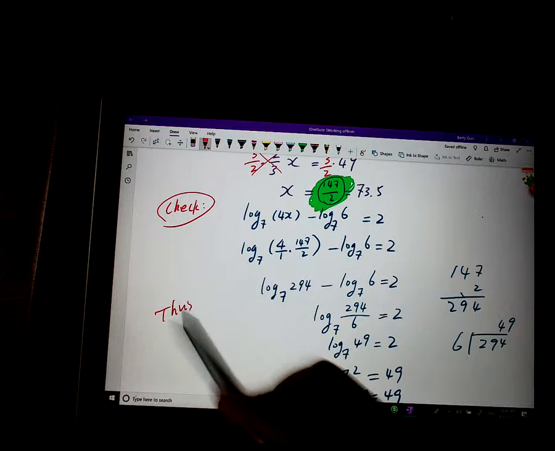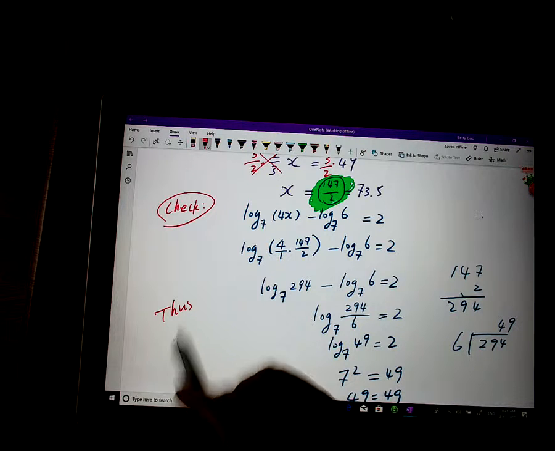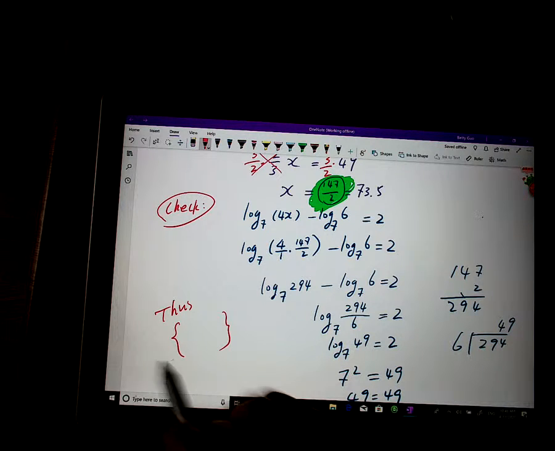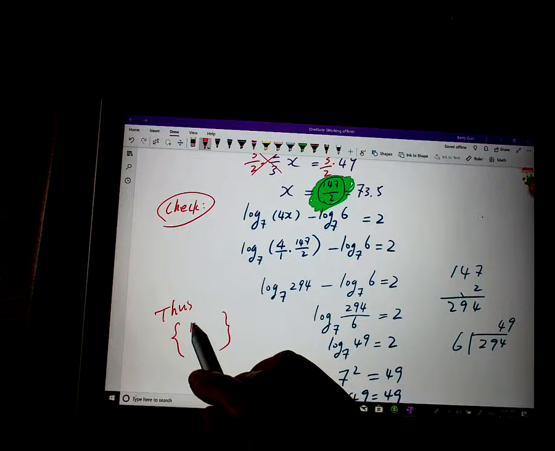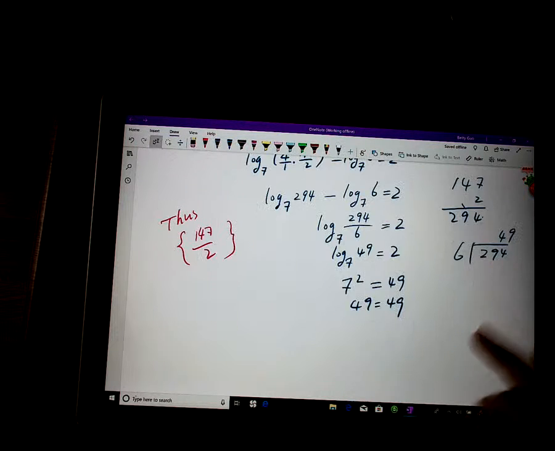Thus, the solution set of the original equation is a set containing one solution only. The one solution is 147 over 2, or 73.5. So far so good?